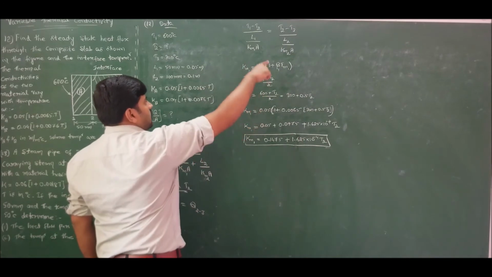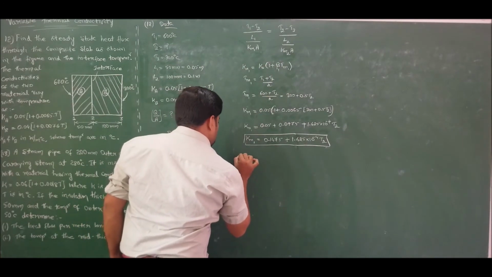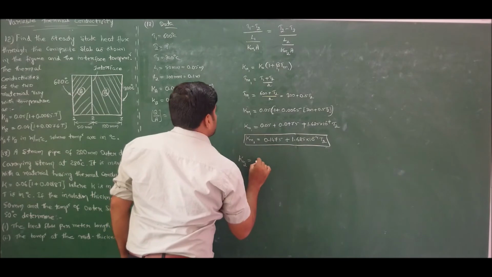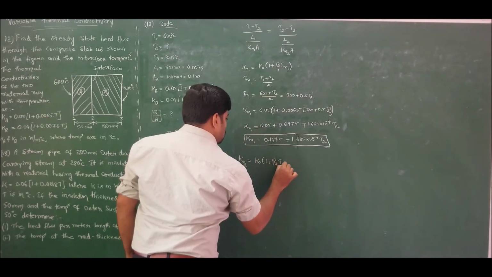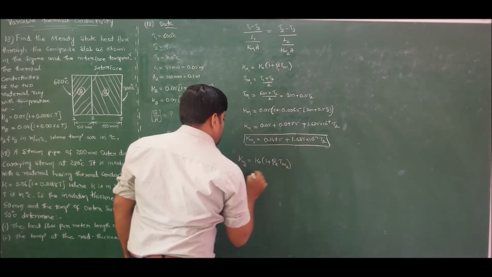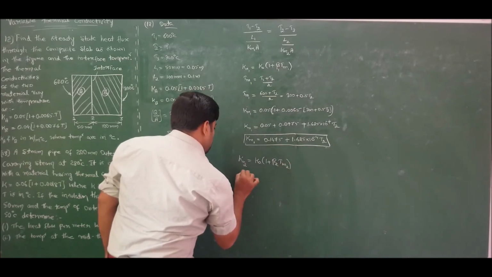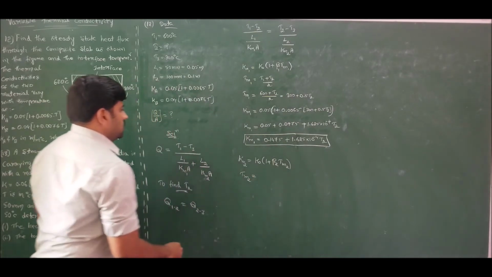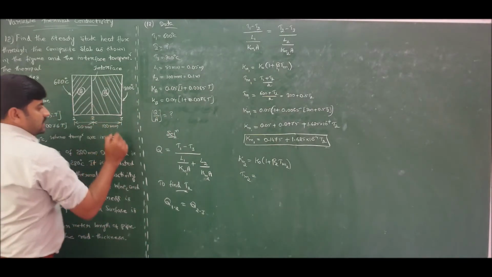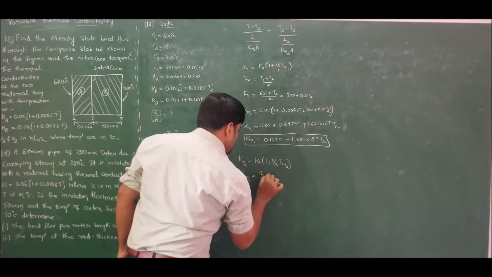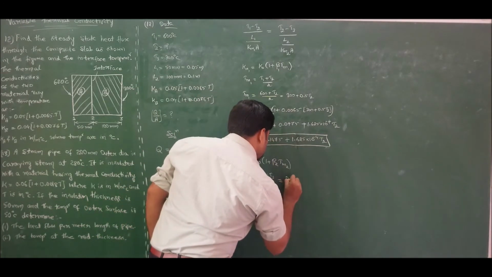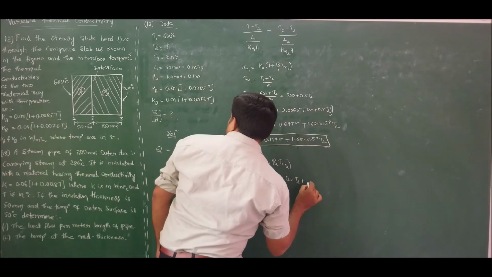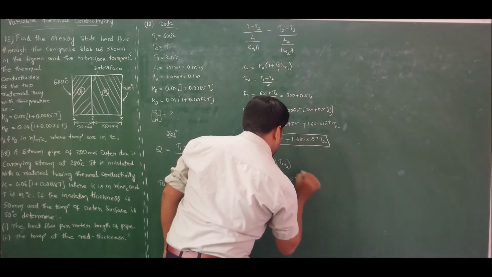Now you similarly solve for Km2. Km2 can be written as K0 of (1 plus beta 2 T mean 2). Now T mean 2 is given by, for slab B, (T2 plus T3) by 2. T2 is unknown, T3 is 300, so this is 0.5 T2 plus 300 by 2, which is 150.